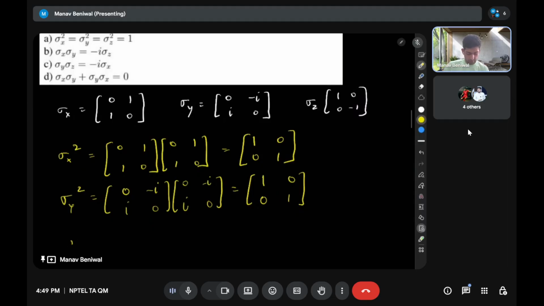And finally if we calculate sigma z squared, 1 0 0 minus 1, that will also be the same identity.